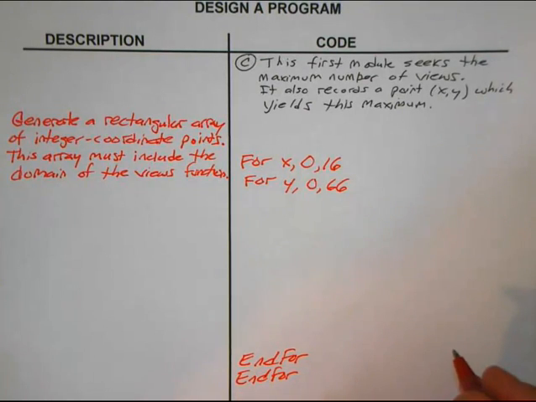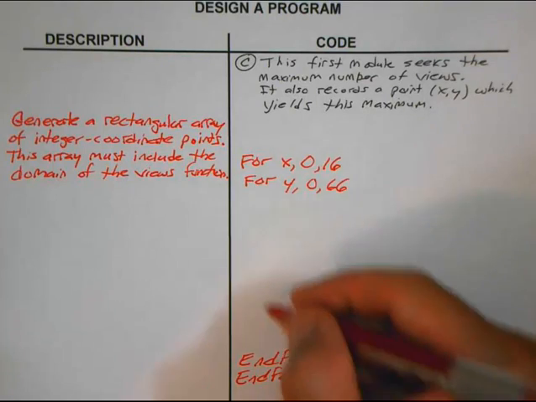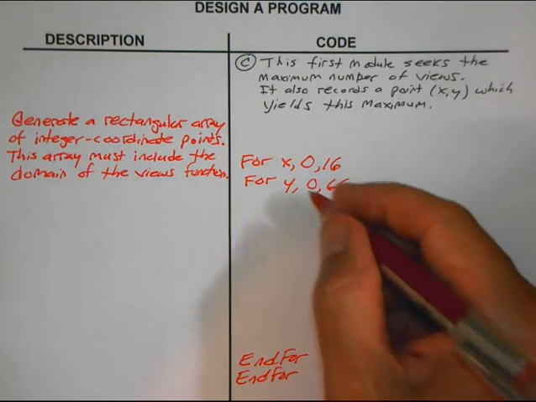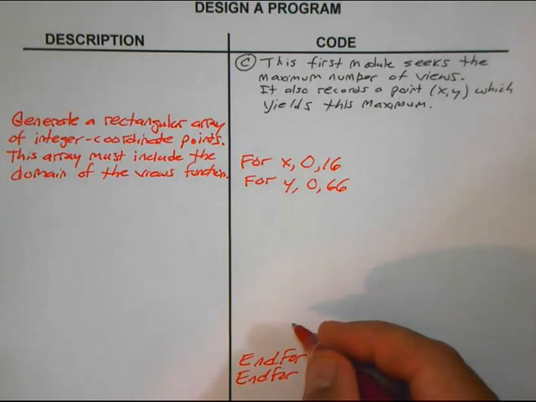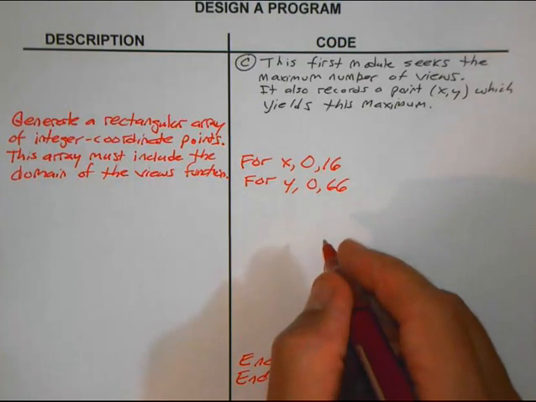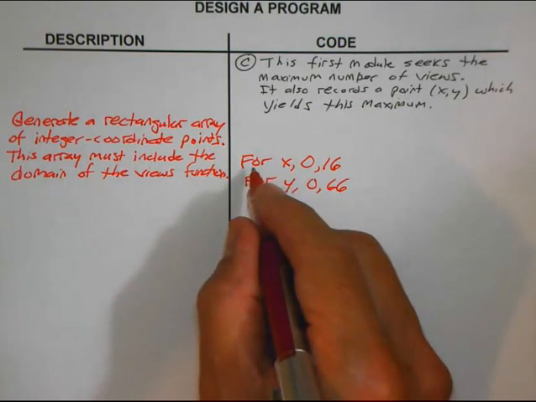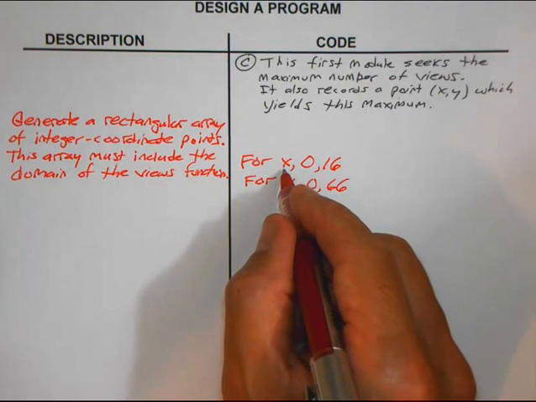Now inside here we would have all of the xy's, where x is going from 0 to 16, y is going from 0 to 66 available to us. A little problem here is that when you use this for command with x, this will actually define x to be a variable.